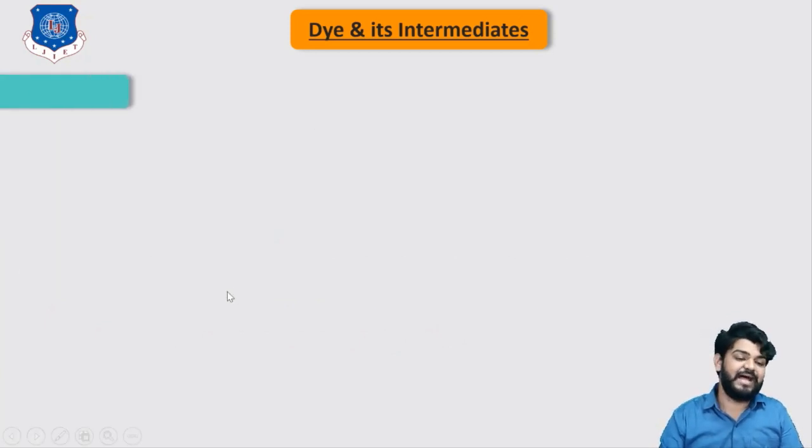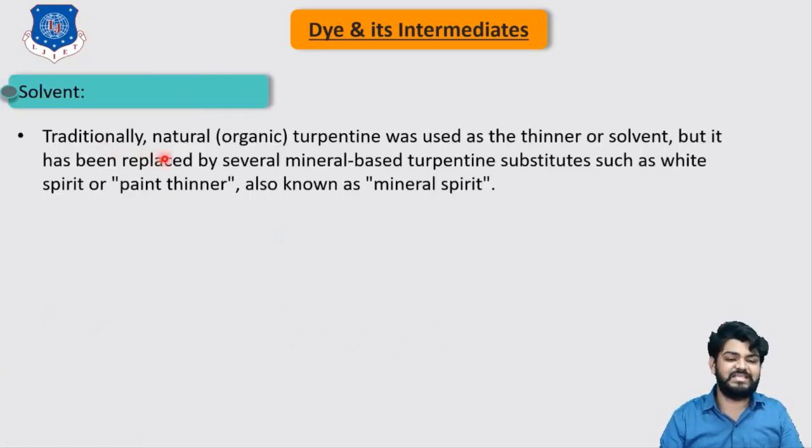Then the last one is the solvent. Traditionally, natural, that is organic, turpentine was used as a thinner or solvent. But it is now being replaced by several mineral-based turpentine substitutes, such as white spirit, which is also known as mineral spirit.